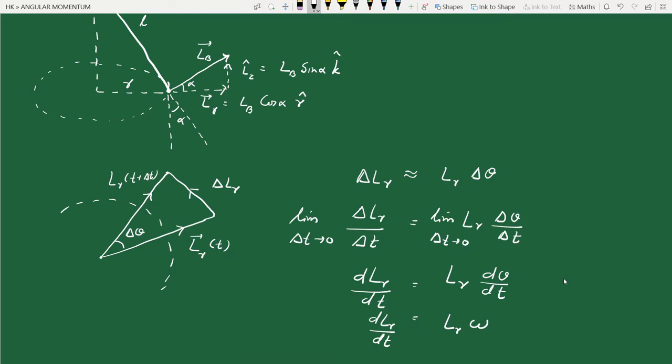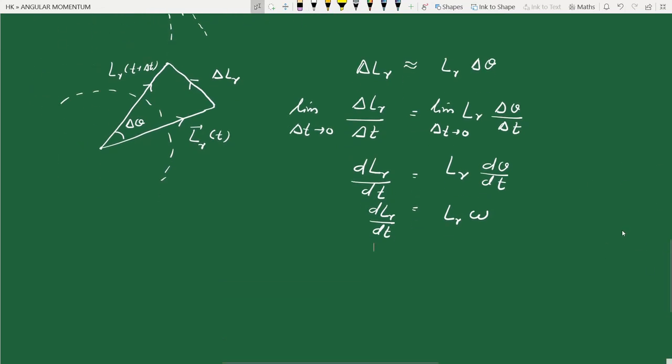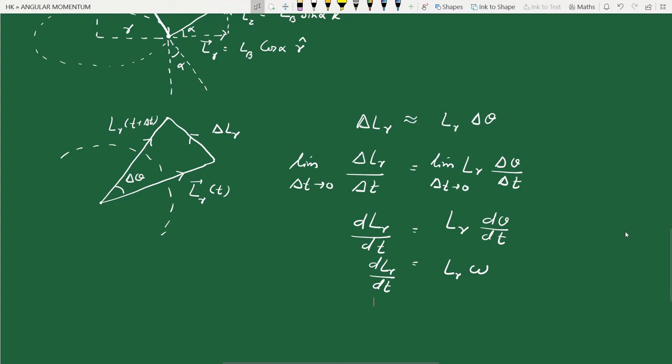In fact, this is a general expression. In general we can say that whenever a vector rotates, its magnitude remains constant and only the direction changes. The only way you can change a vector in this fashion, keeping the magnitude constant and changing only the direction, is rotation.